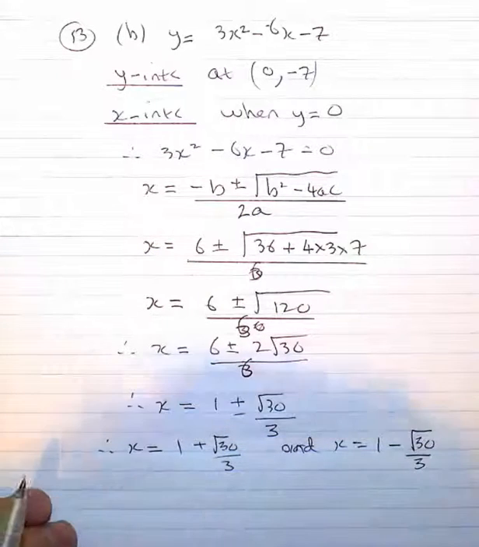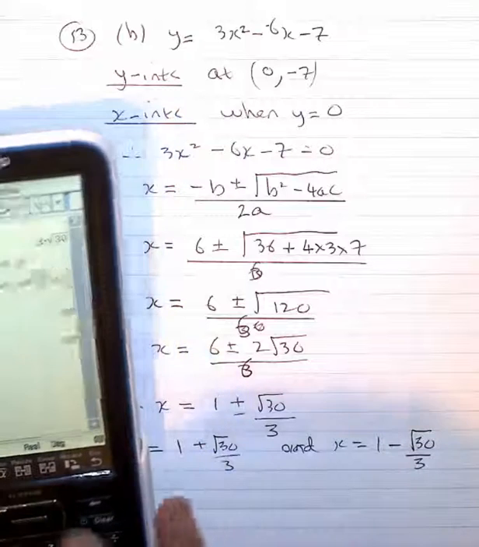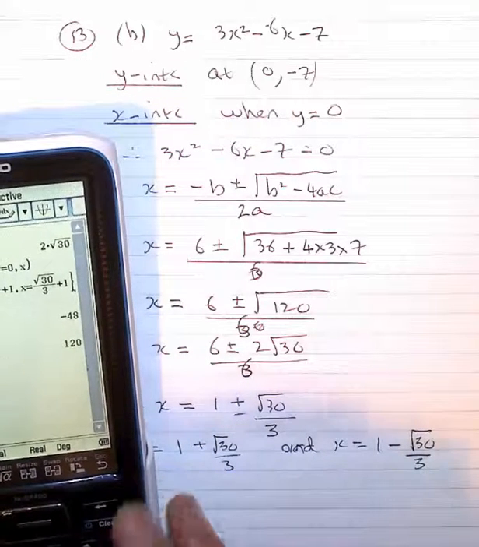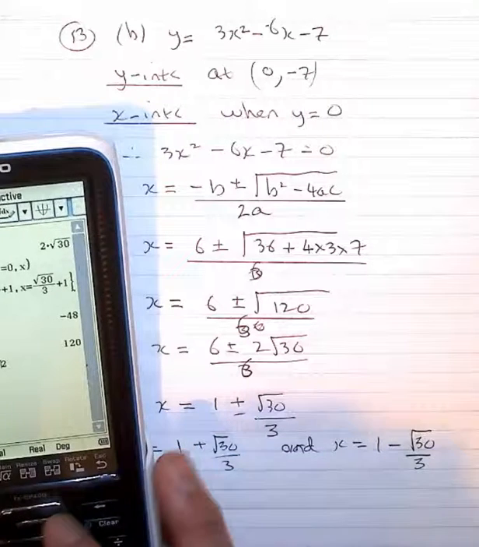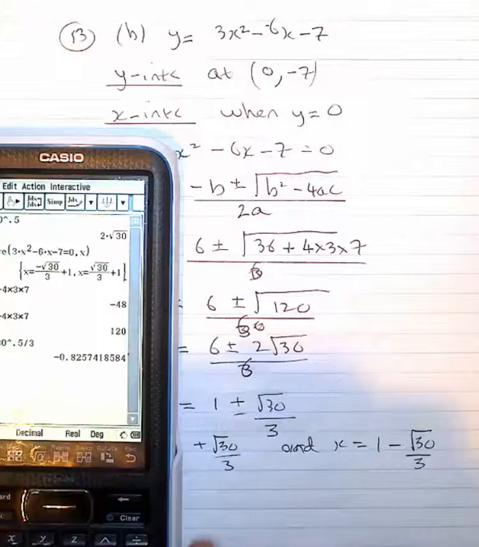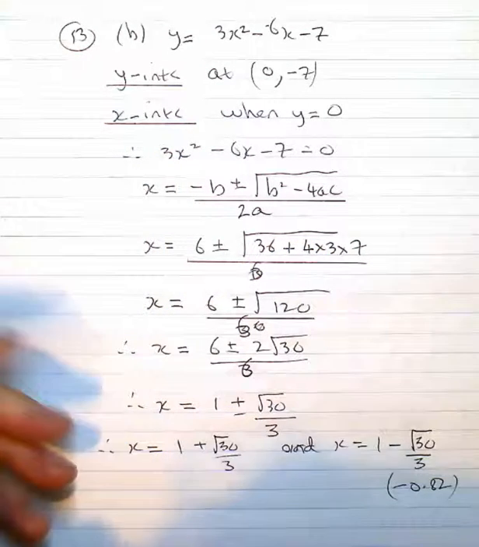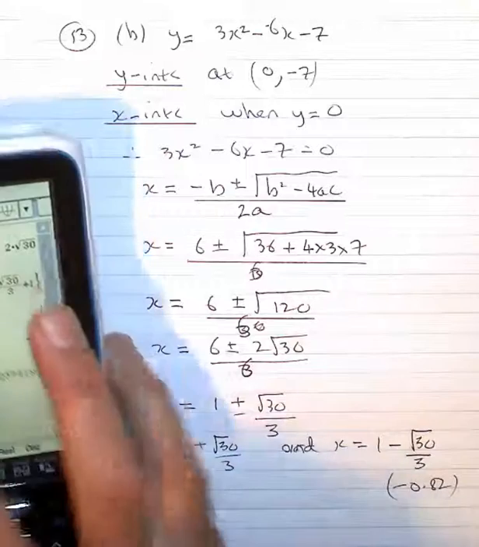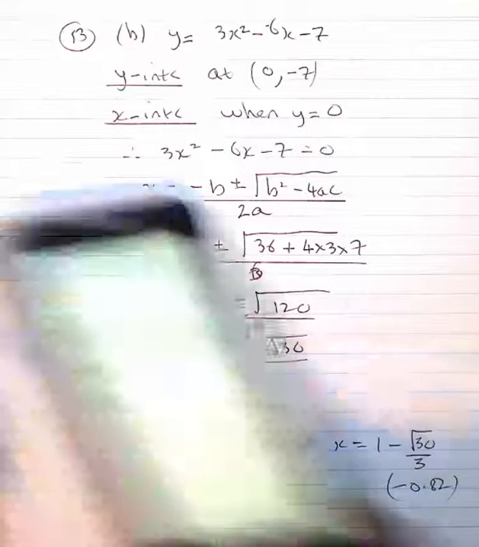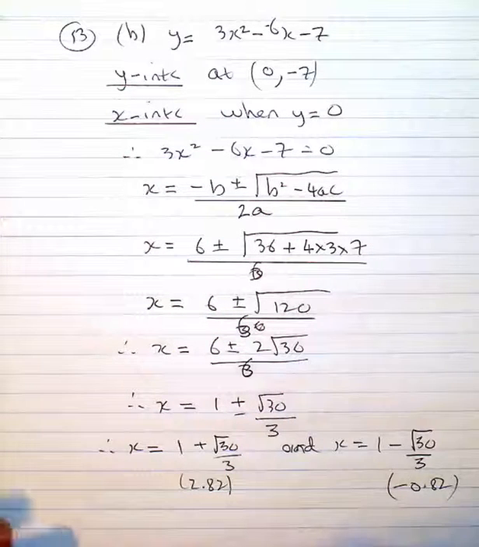Now to get a bit of a ballpark figure there, if I had to, it ends up about negative 0.82, and if I change that to an addition, I get 2.82. So it might just help me plot the graph in that particular instance.